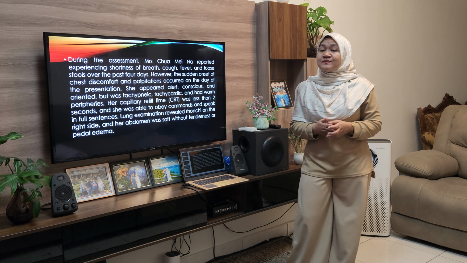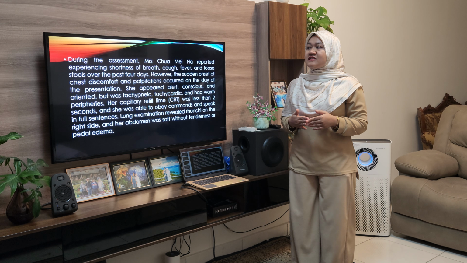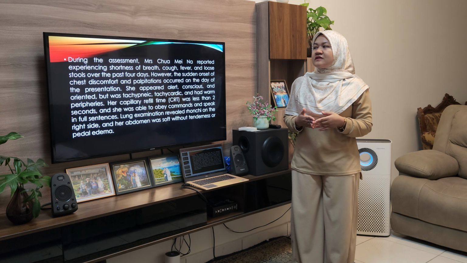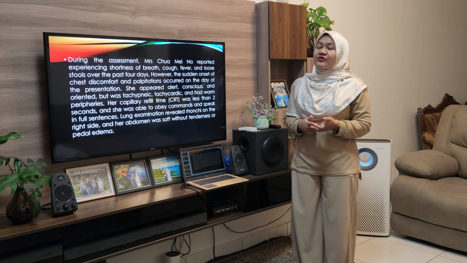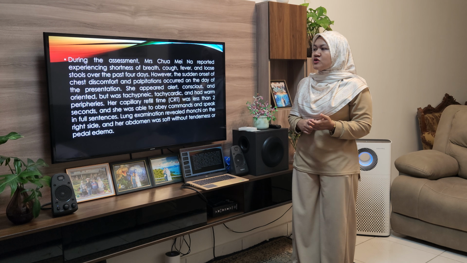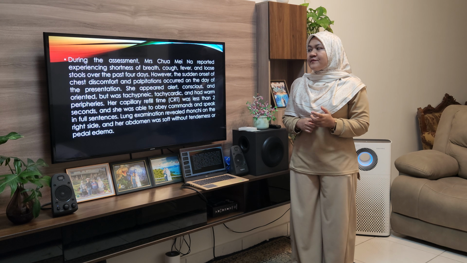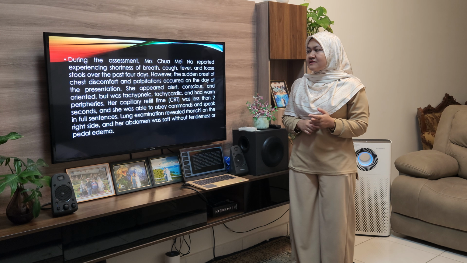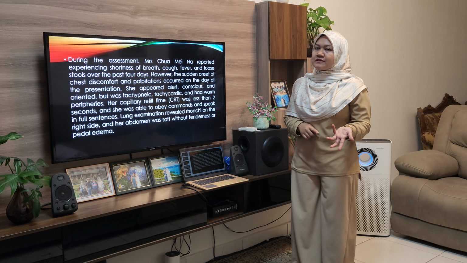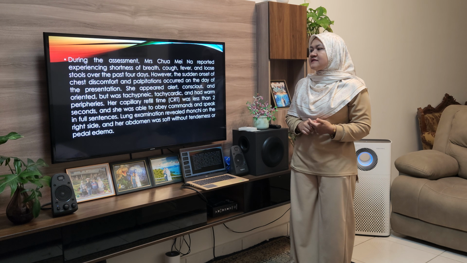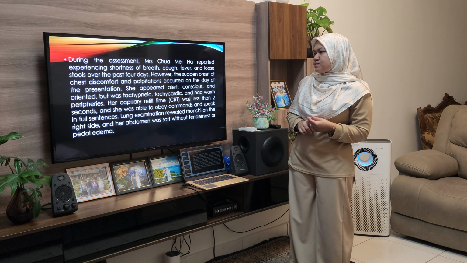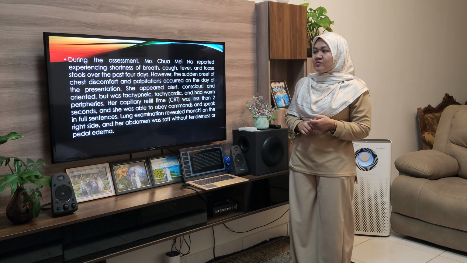During the assessment, Mrs. Chua Mena reported that she had been experiencing shortness of breath, cough, fever and loose stool over the past 4 days. However, the sudden onset of the chest discomfort and palpitation occurred on the day of presentation. She appeared alert, conscious and oriented, but was tachypneic.